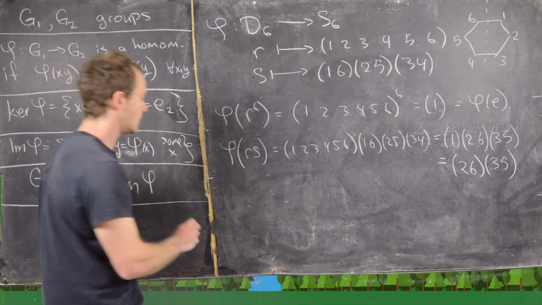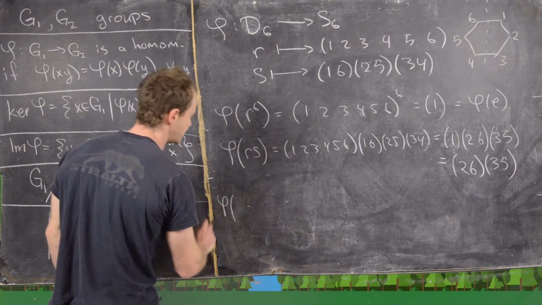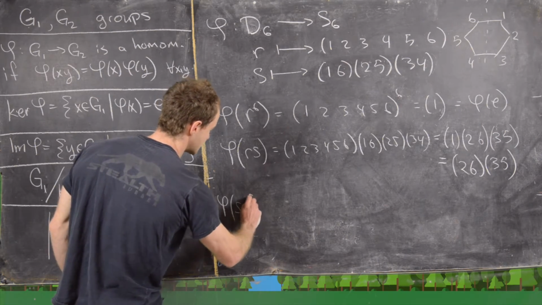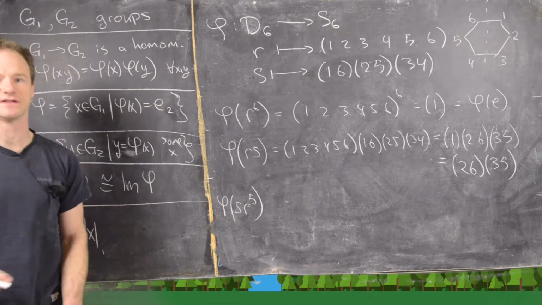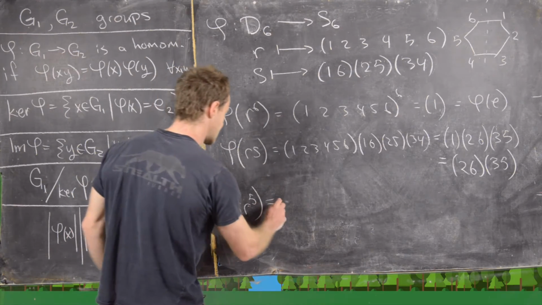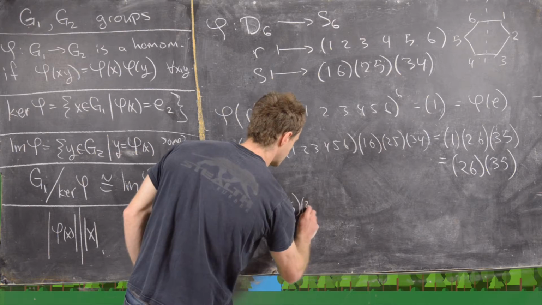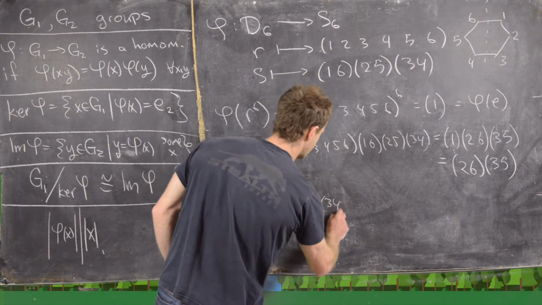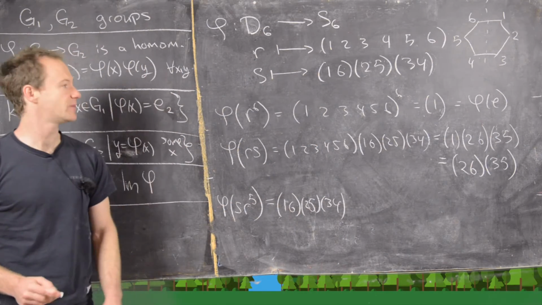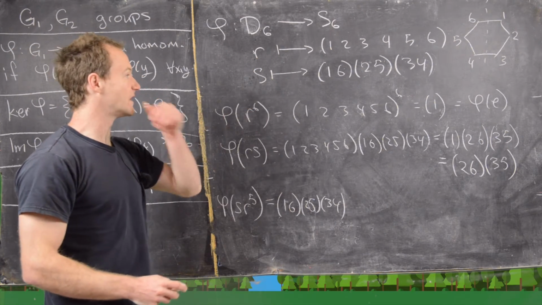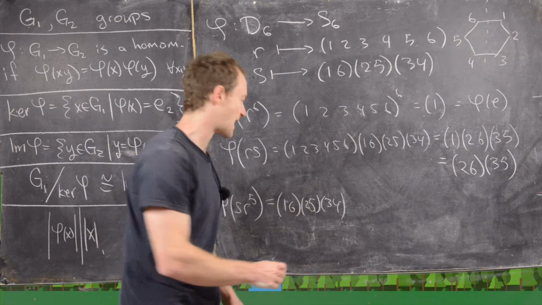Okay, good. Now let's compare that to phi of S R to the n minus 1, which is R to the 5 in this case. That is (1 6 2 5 3 4). So that's our S component. And now R to the 5th we can get very quickly just by counting by 5s.